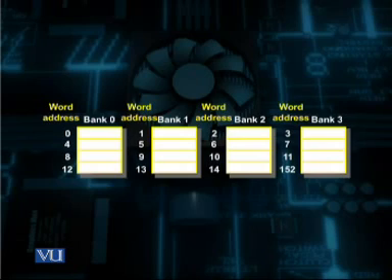Also note that in this arrangement, as all the banks are of the same width, the width of the bus and the cache is also the same, which facilitates sending the same address to all the banks simultaneously.